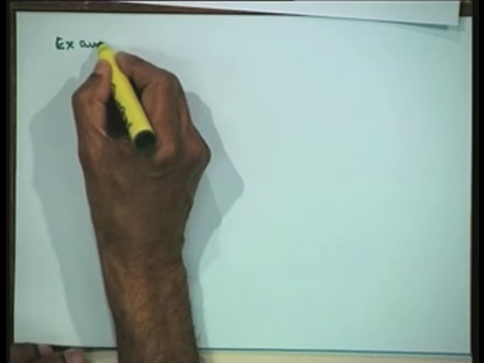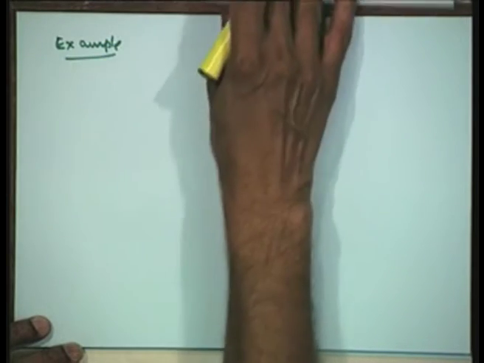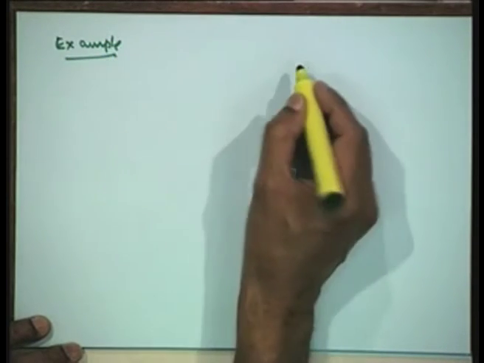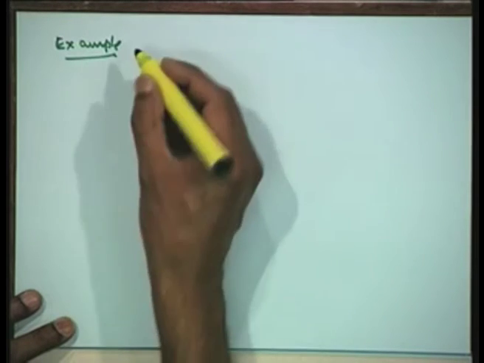Now let us take an example for a quadratic polynomial. Let us do the same example for the quadratic approximation.